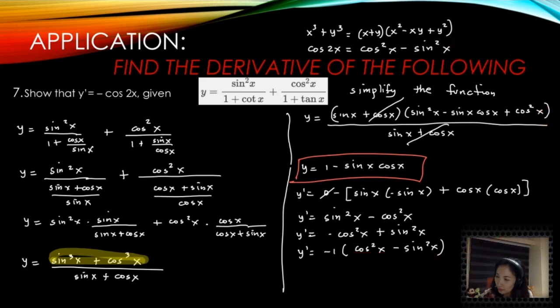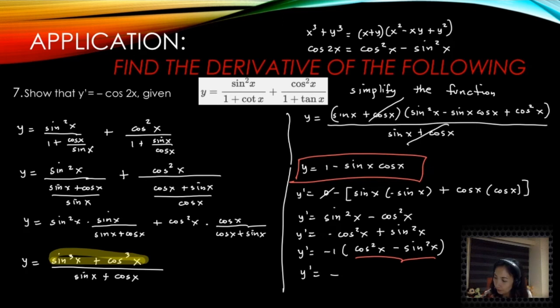So finally, y prime is equal to negative cosine 2x.